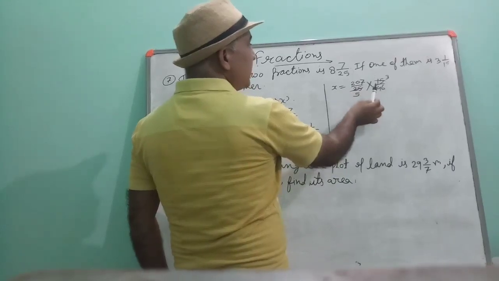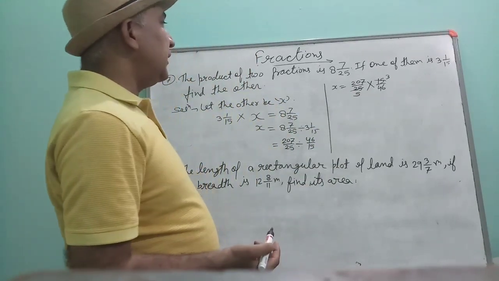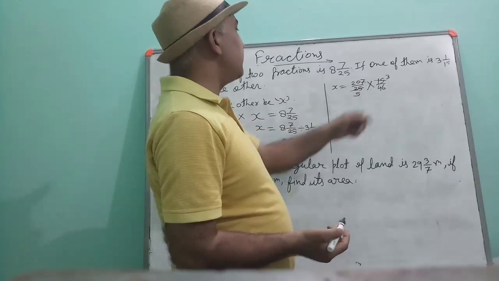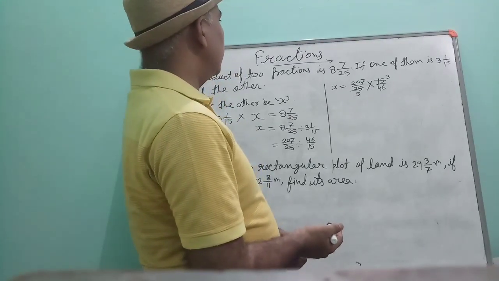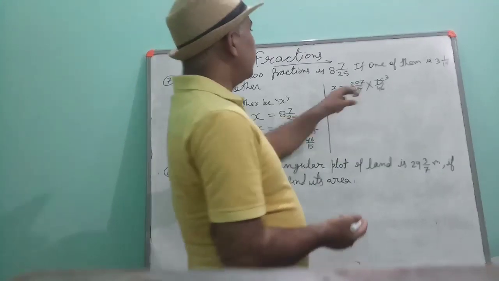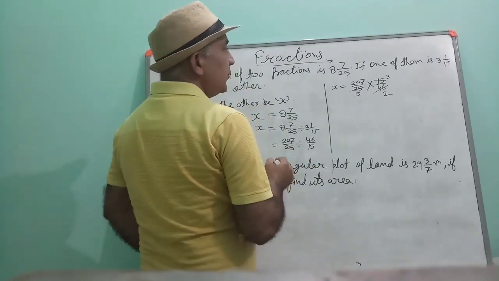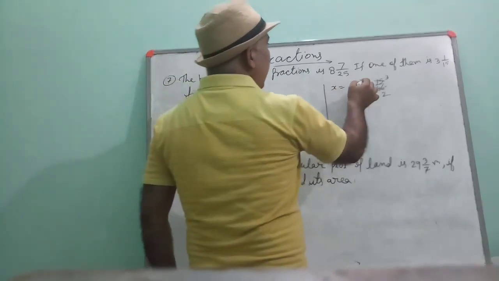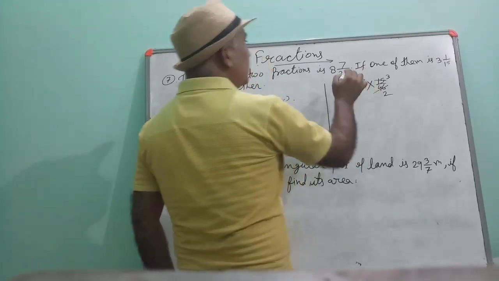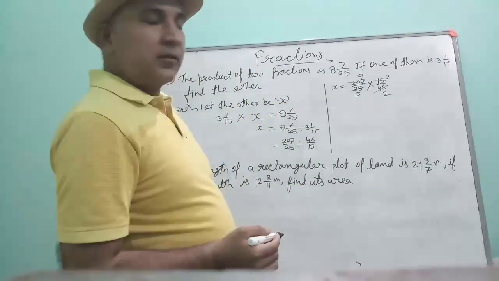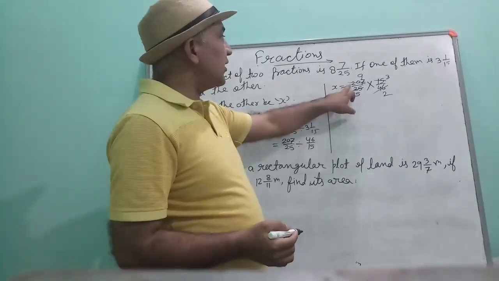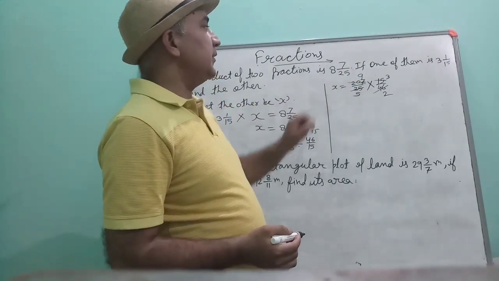Now 207 and 46. Think of a number which can divide both. 23 can divide both. 23 divides 46 by 2 times, and 23 into 9 is 207. That means when 23 divides 207, the answer will be 9.